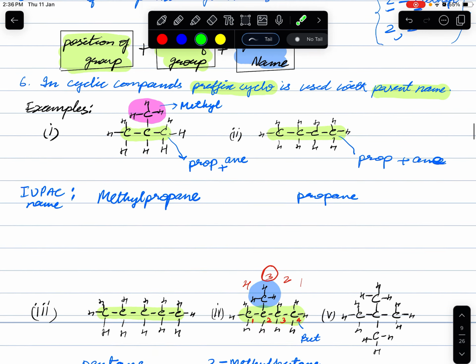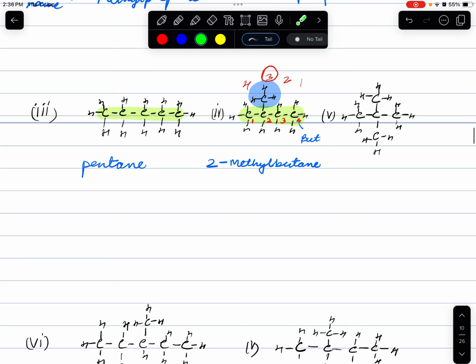Okay, so lowest value. Therefore, we will number the chain from the left hand side, not from the right hand side.